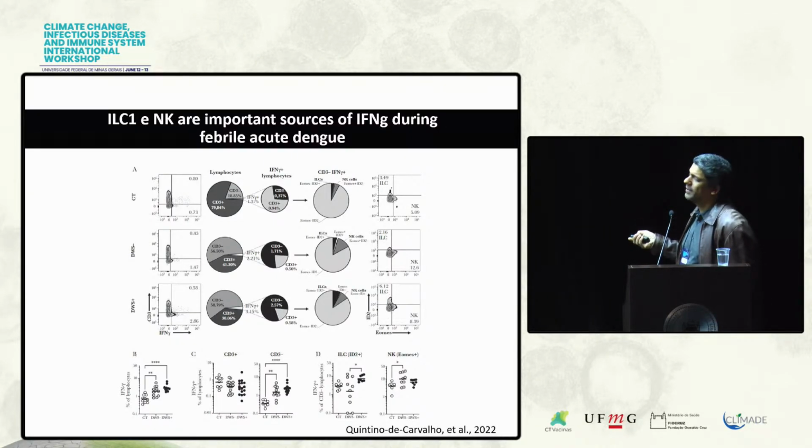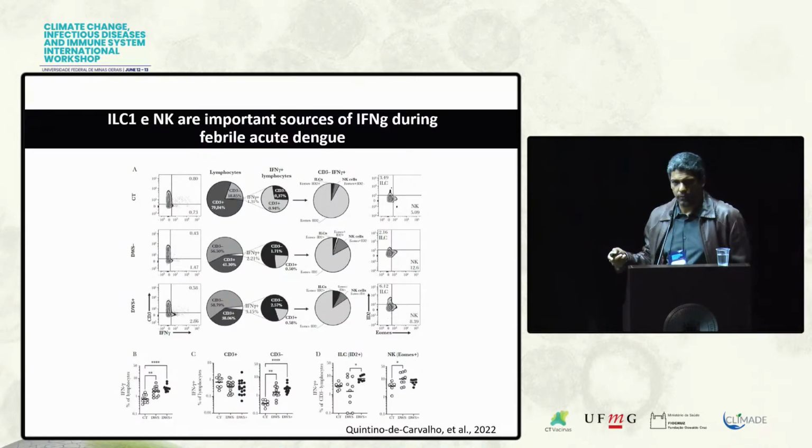Most of the cells didn't fall in either of those using these markers, but still we could see that the interferon gamma positive ILCs were increased in individuals developing severe dengue or dengue with warning signs. On the other hand, NK cells were increased only in individuals that developed mild dengue.